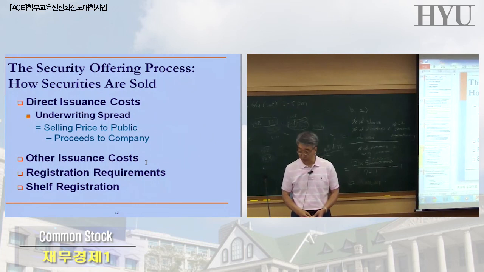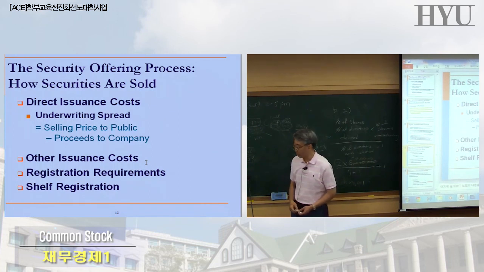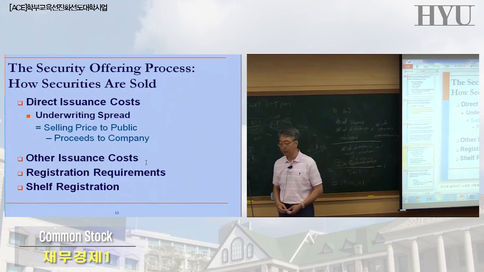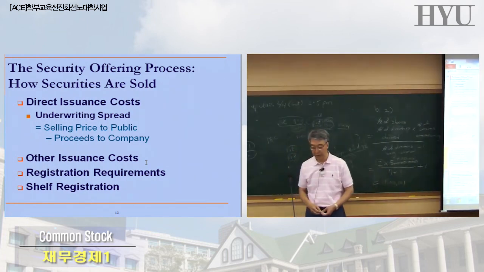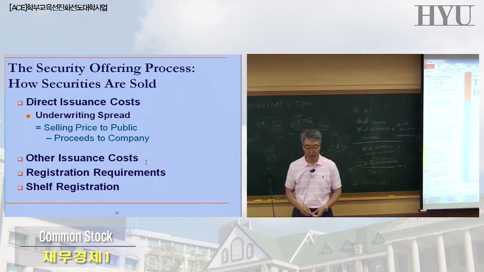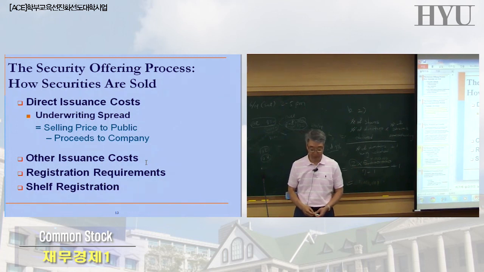Shelf registration is a kind of simplified registration process, because the registration requirement is so complicated and it's an arduous process. You have to file so many documents. So the government is trying to help the companies by allowing shelf registration.